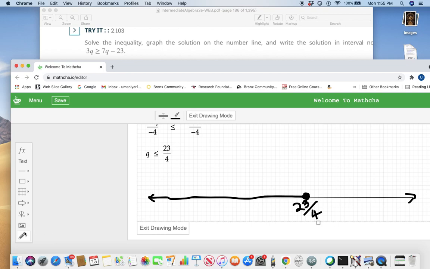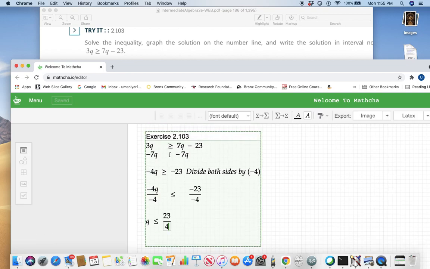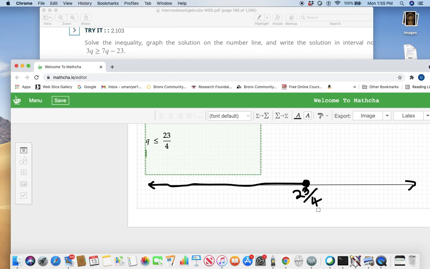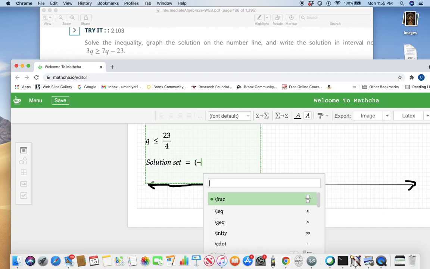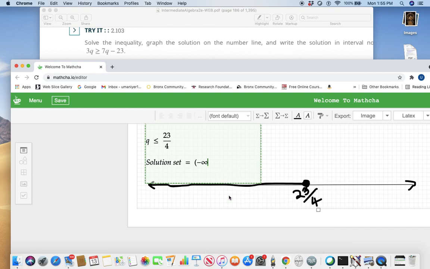Alright, which brings us to the solution set. Okay, you start from the left handmost, that's negative infinity, and then the right handmost is 23 over 4. Okay, so recall what is a solution set. Every number here will solve your inequality.